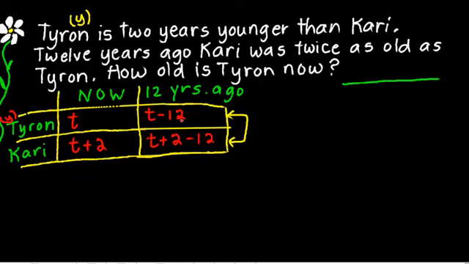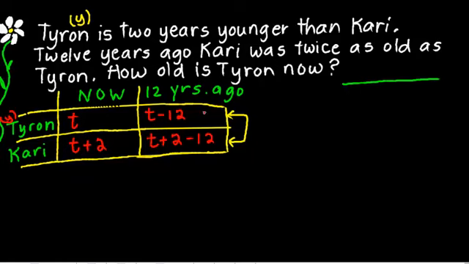In this case, since Tyrone is younger and Kari is twice as old as he is, the 2, where I'm going to double one of their ages to make them equal, needs to go in front of the expression T minus 12 representing Tyrone's age.